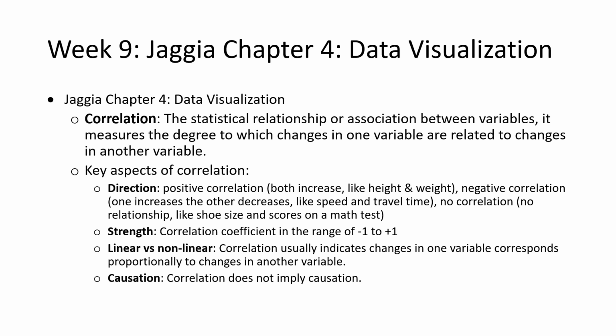Instead of being a straight line, it actually is curved. And then there's an adage that we always keep in mind, that correlation does not imply causation. What that means is we may see correlation between two variables, but that does not necessarily mean one causes the other, or vice versa. It's possible that it does, but it does not necessarily imply that.